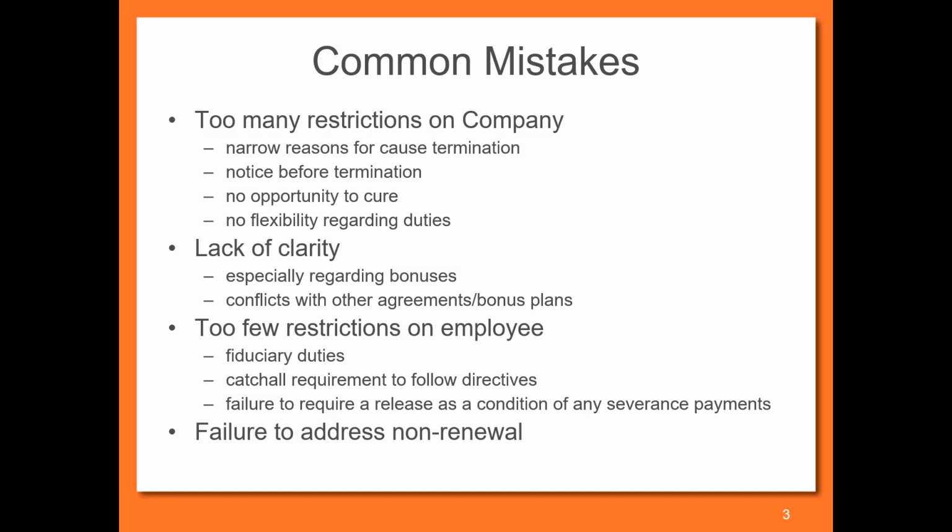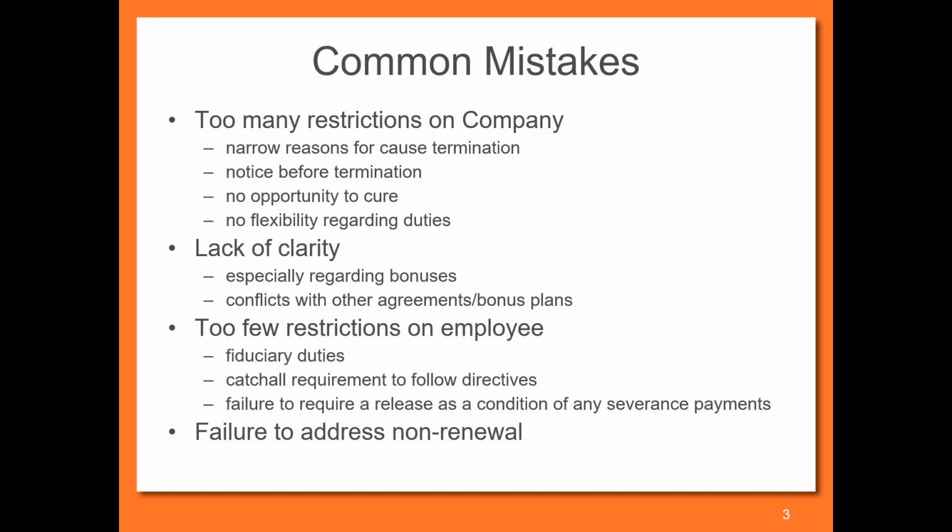Termination for cause: sometimes it's too narrow to be helpful for the employer to actually terminate someone. If the definition of for cause doesn't include many things, then the employer will not be able to terminate for cause and will usually be subject to paying the salary for the remainder of the term of the employment agreement.